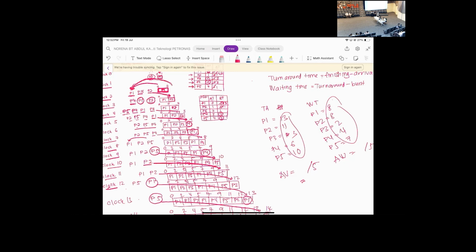Where is that thing? No, not that. Come on, where is that thing? Show all bookmarks. Okay, there you go.